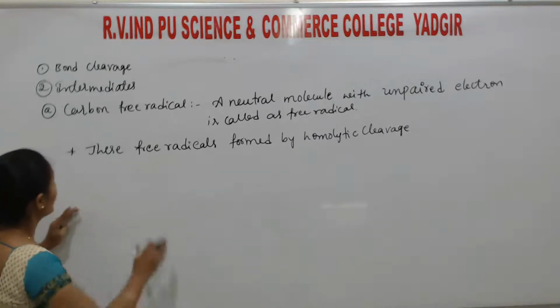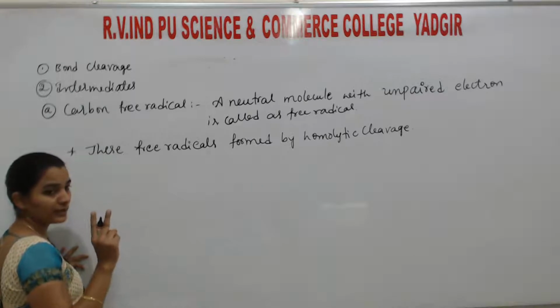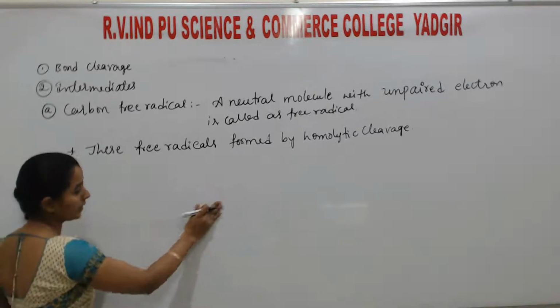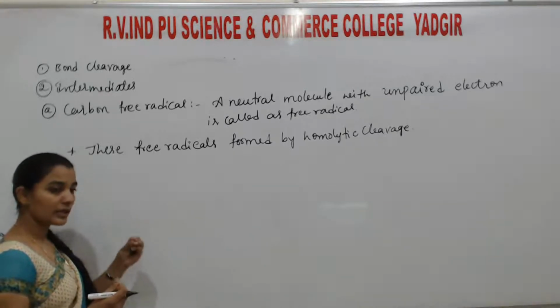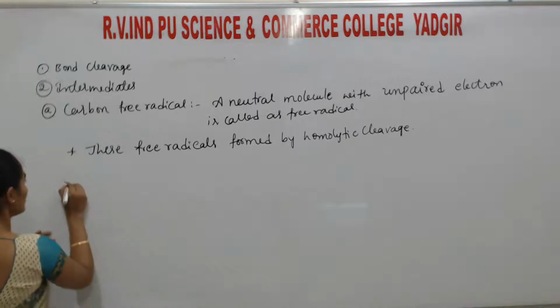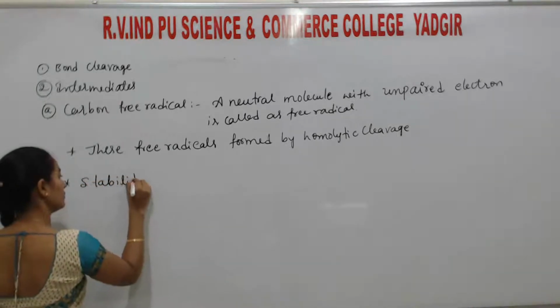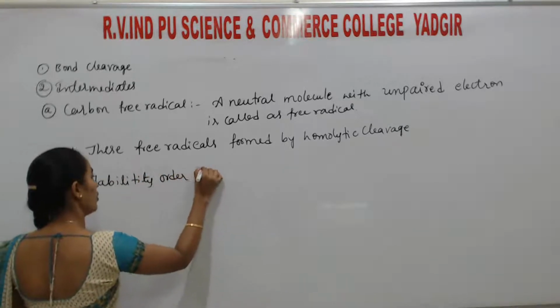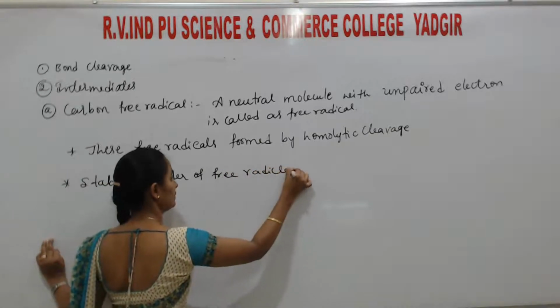So students, in this free radical, types are there: alkyl, primary, secondary, tertiary. Listen, what is alkyl, what is primary, what is secondary, what is tertiary? Next one is stability order of free radical.